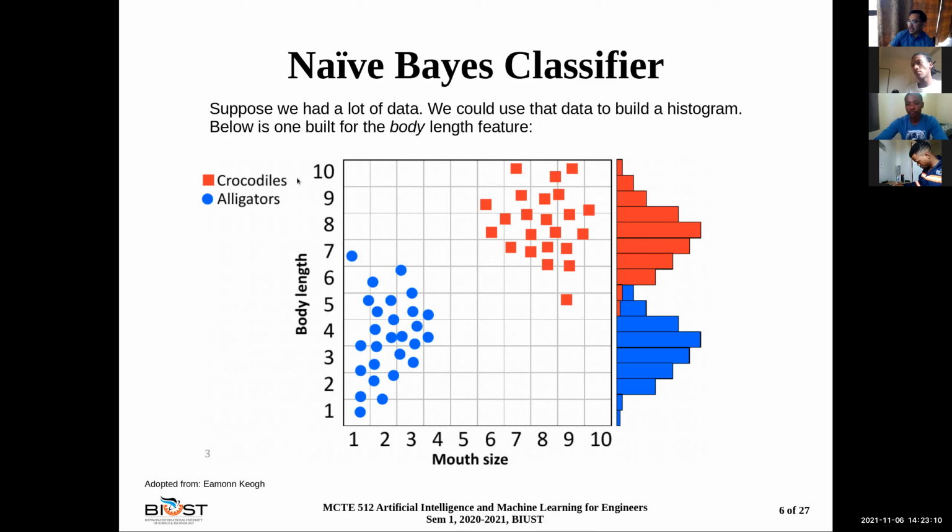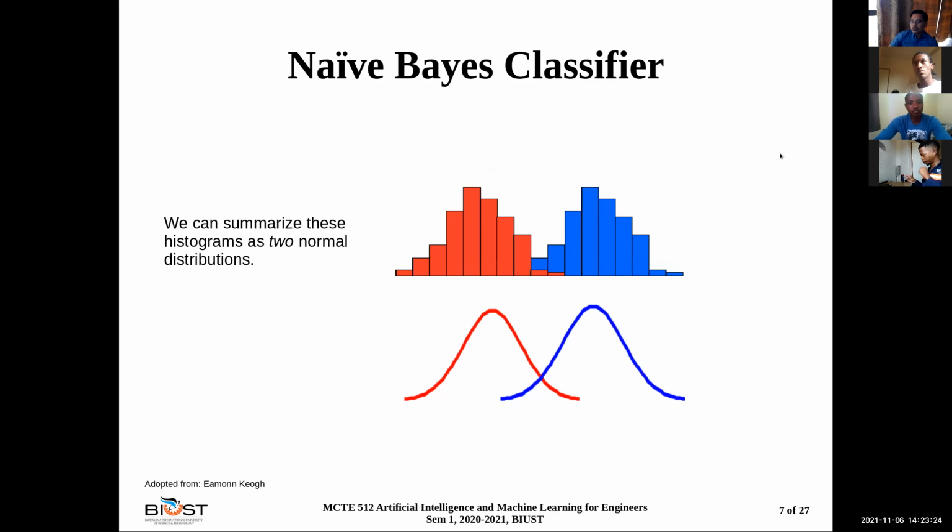So there will be another Gaussian distribution for the mouth size of each. We can summarize this into two distributions, one for the crocodile, which is the red, and the other for the alligator.